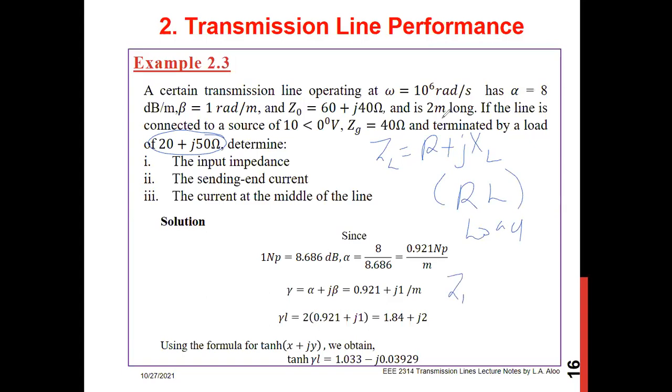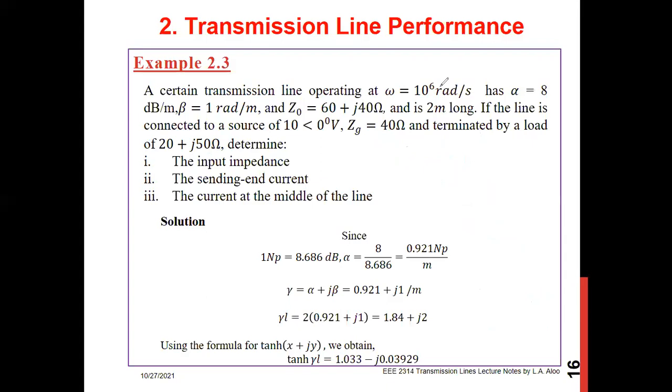If it was given as, for example, ZL equals 20 minus j50 ohms, then in this case it will be an RC load. So in this case, we are dealing with an RL load.